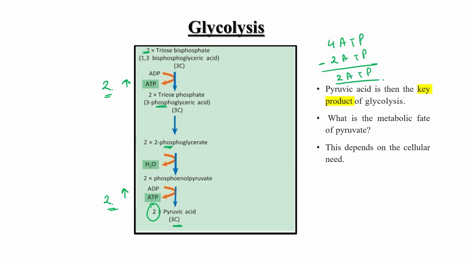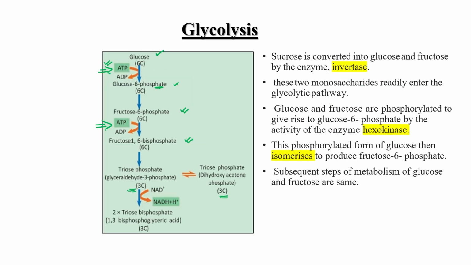In this, not total, net gain. We can use the term net gain, net profit, 2 ATP in this glycolysis pathway. While one molecule of NADH is formed with one molecule of glyceraldehyde 3-phosphate, and here two molecules of 3 carbon sugar means 2 NADH.